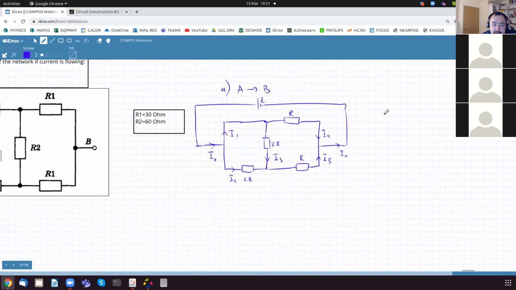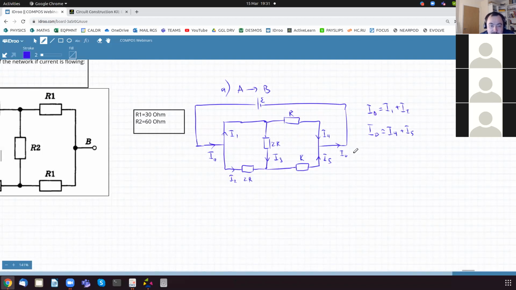So we label the currents. So write out I0 is equal to I1 plus I2. I0 is also equal to I4 plus I5.